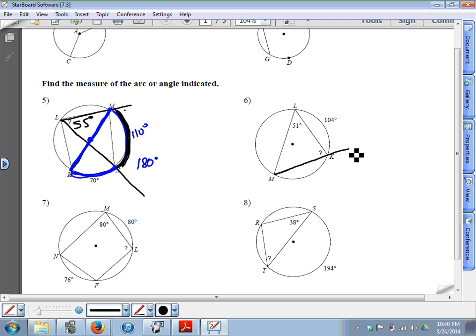Notice though, if we consider angle M right here, the arc between the sides of that angle is 104. This is also an inscribed angle, so the inscribed angle is half of its intercepted arc. If the arc is 104 degrees, that means the angle is 52 degrees.